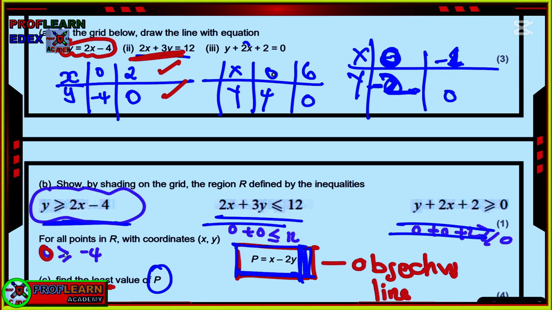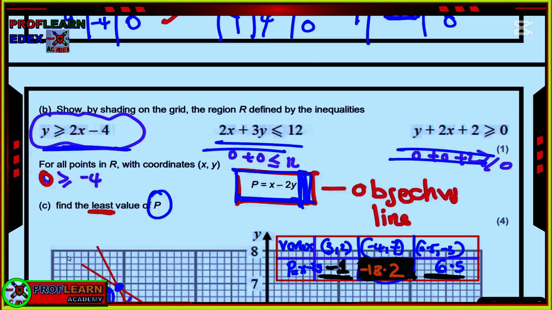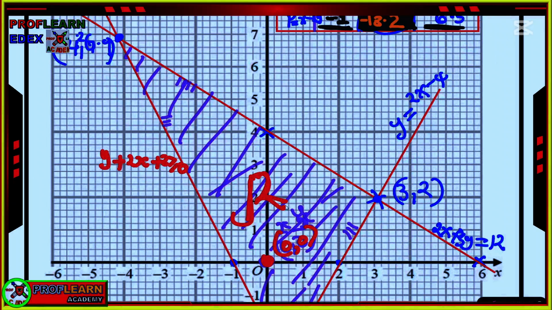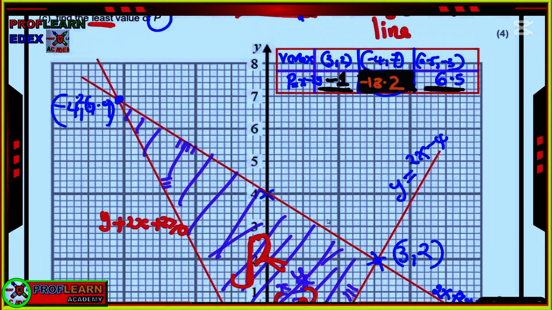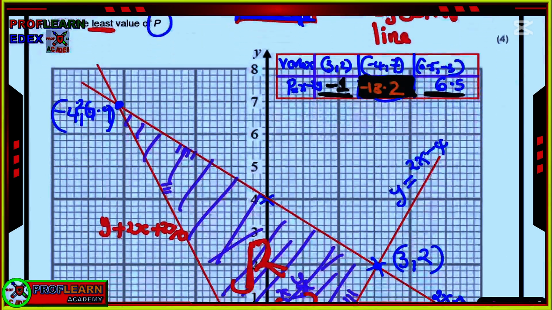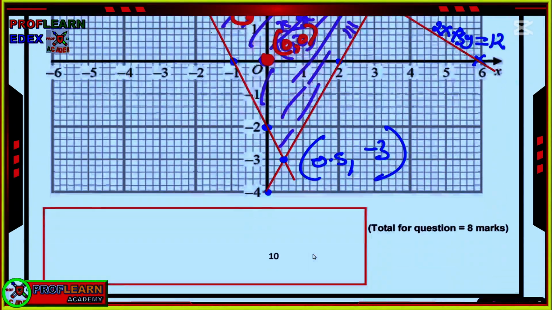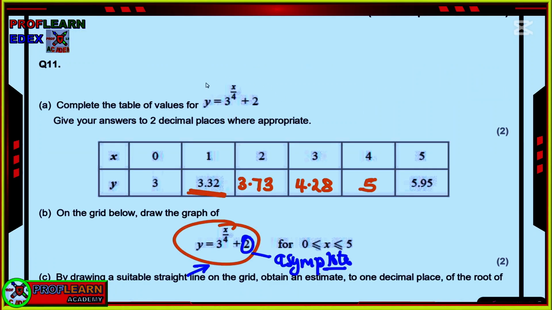So x is greater than or equal to negative 4. 0 is greater than or equal to negative 4. So that region satisfies all the inequalities. You try for this one as well. Once you have checked that it is satisfied, you shade that particular region they are asking you. So that is your functions.